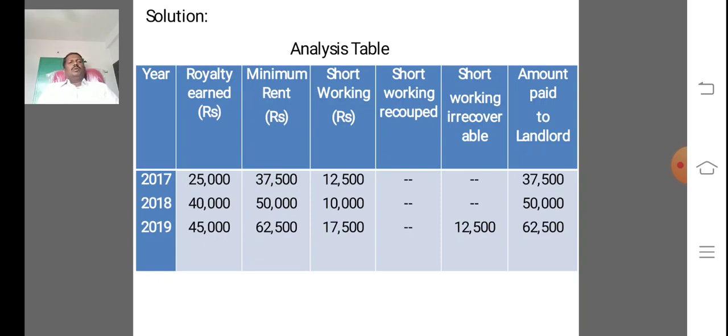In this problem, for 12,500, from 18, 19 onwards, the time is over for recovery. In this problem, no profit or no surplus is arising, so for that reason 12,500 short workings are treated as irrecoverable and debited to profit and loss account. And finally 62,500 we are paying.